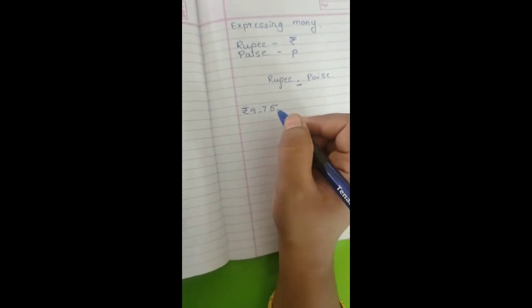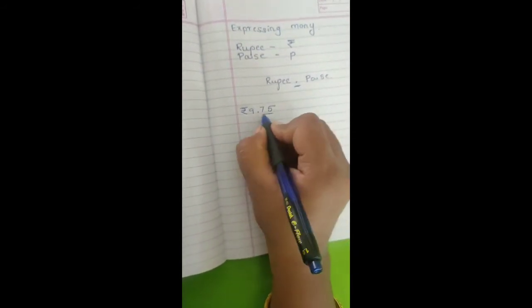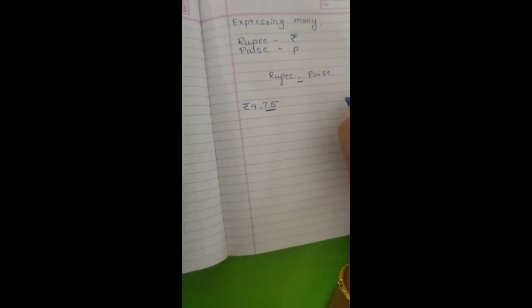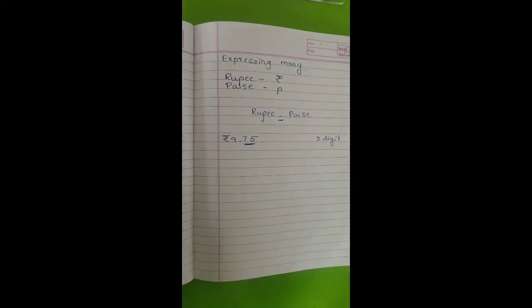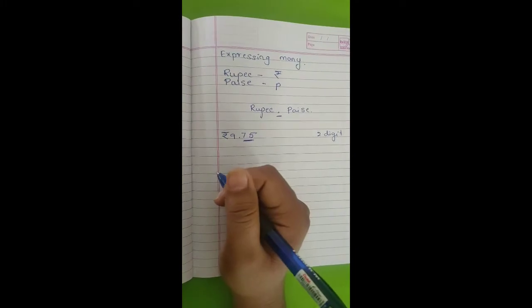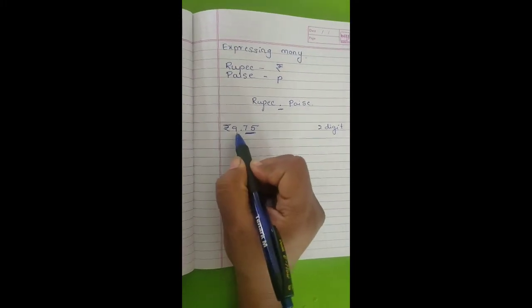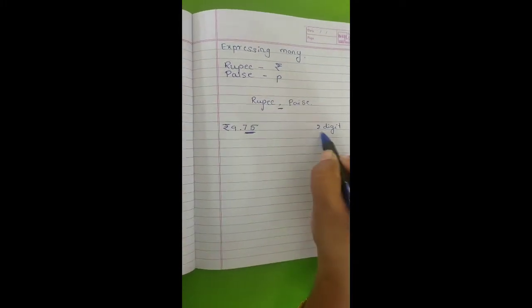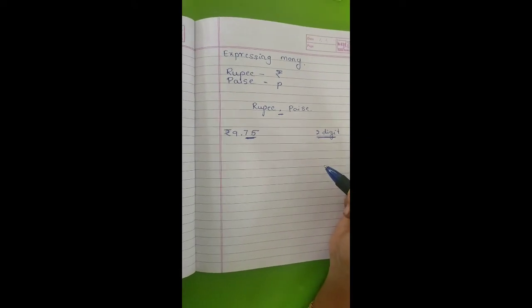It is 75. Keep it in your mind that whatever paisa we are writing should be a 2-digit number.